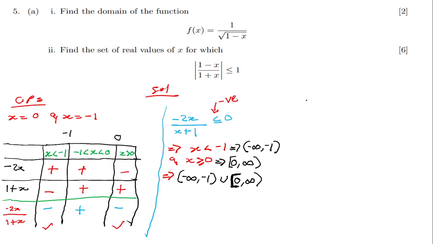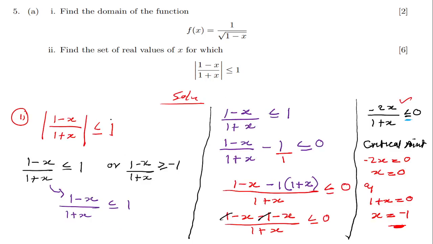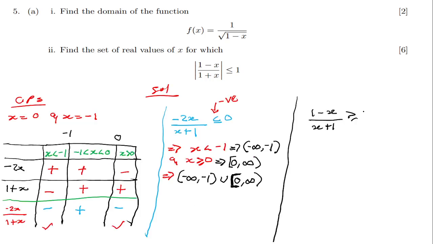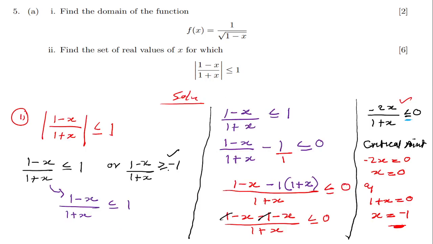So I'll go back and pick up the other set, which is this set there. This set is as follows: (1 minus x) over (x plus 1) is greater than or equal to negative 1. So that's the other one here.